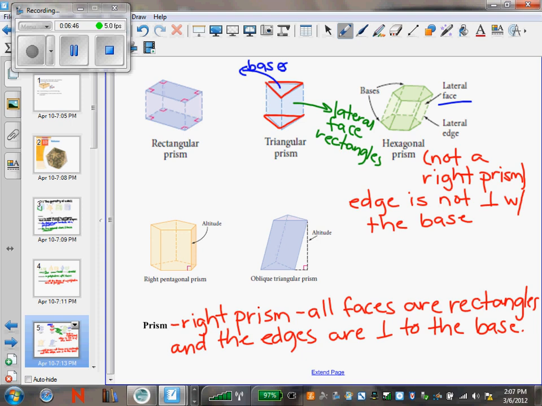When it's not a right prism, like the one drawn here, it is called an oblique prism. So the edge is not perpendicular with the base.